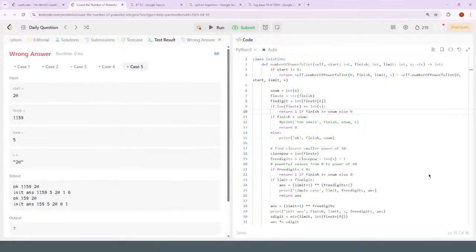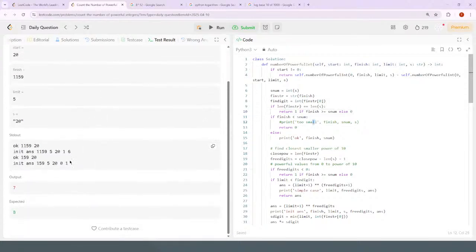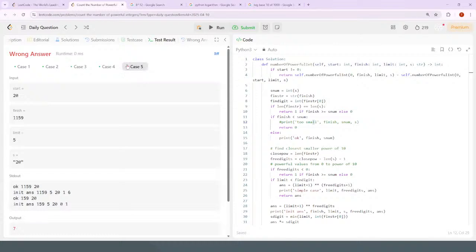Alright, that didn't change anything. Surprise? Well, that did change something. It didn't call the last thing. It didn't call the 159. Didn't call the 5920 at 2020. Okay, so 159.20. So it's just doing this one wrong in this case.